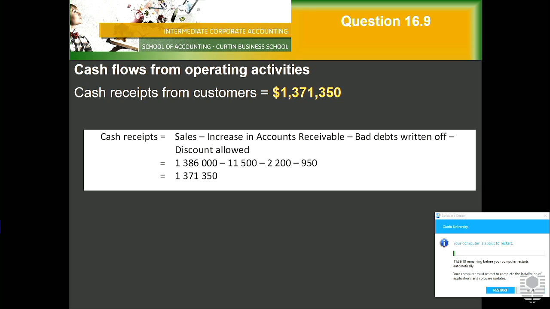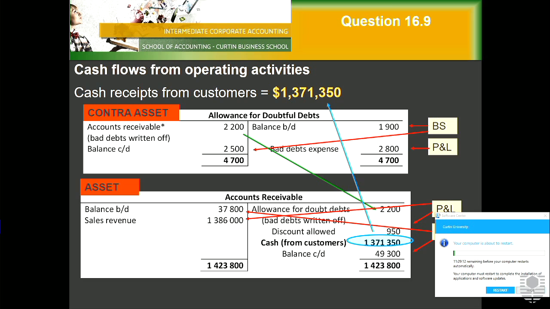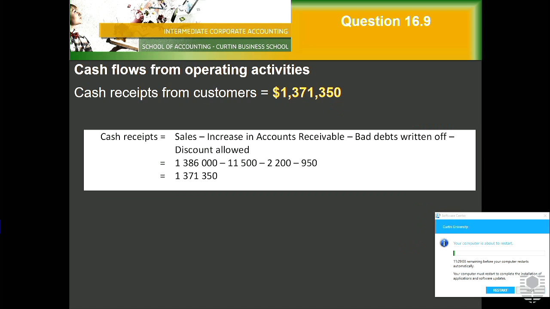you still have to go and work that out, by making sure that you adjust for your bad debts expense. So you still actually have to go and work that one out.